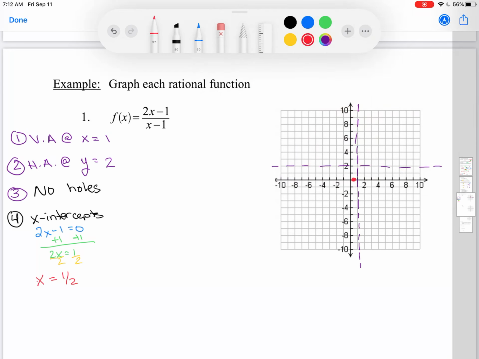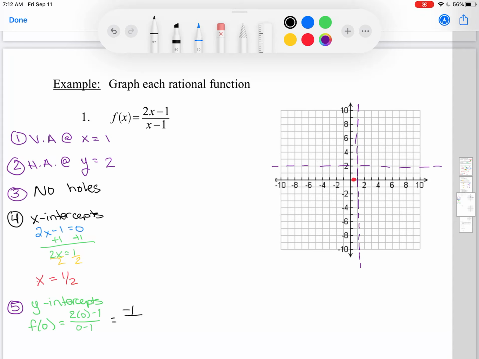All right, step 5. This time we're going to do our y-intercepts. If you remember, your y-intercept is where your x is 0. So all we have to do is plug in a 0 for my x. In my function, every time I see x, I'm going to replace it with 0.